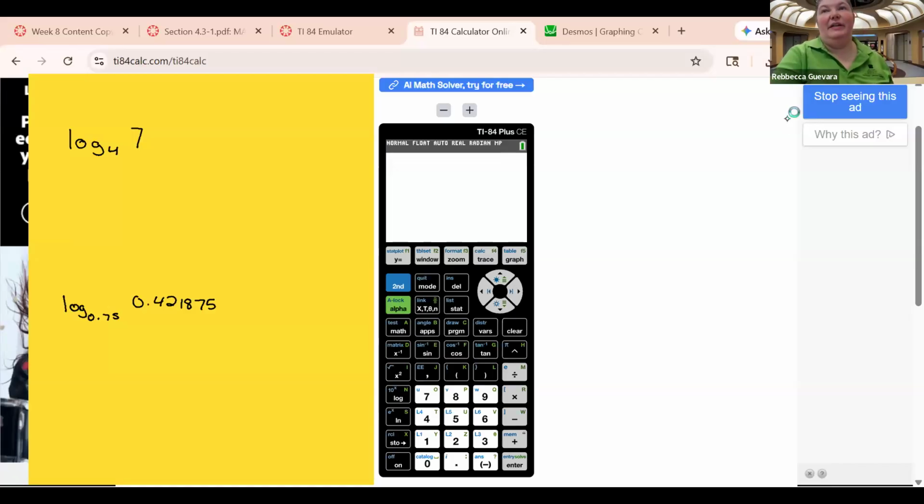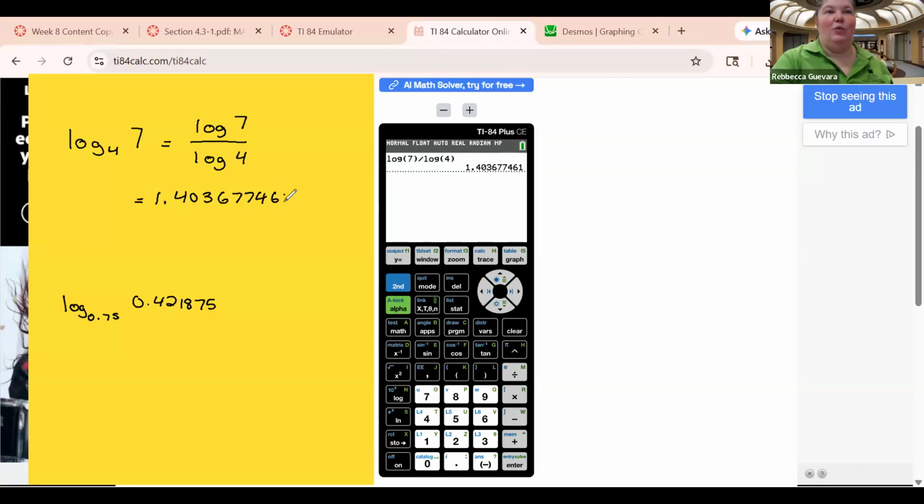Okay, we got log base 4 of 7. If you convert to a common log, that's log of 7, and remember the base goes in the bottom, so log of 4. Log of 7 divided by log of 4. We get 1.403677461.